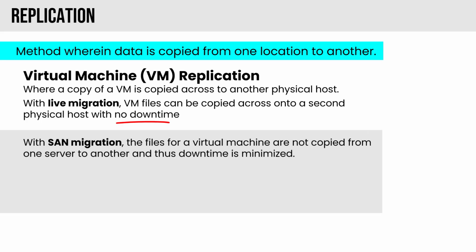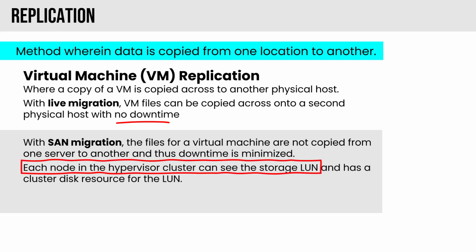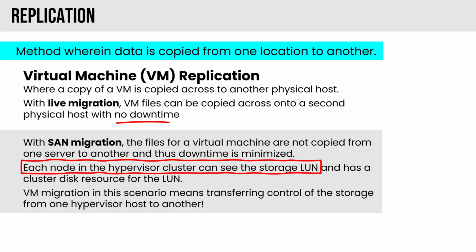Now with SAN migration, the files for a virtual machine are not copied from one server to another, and thus downtime is minimized because each node in the hypervisor cluster can see the storage LUN and has a cluster disk resource for the LUN. So VM migration in this scenario simply means transferring control of the backend storage from one hypervisor host to another.